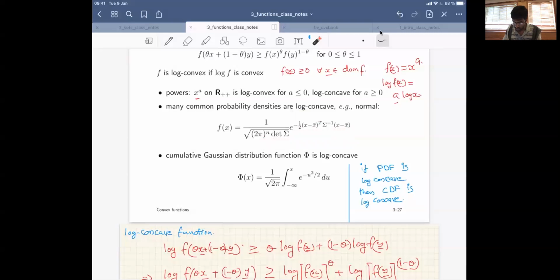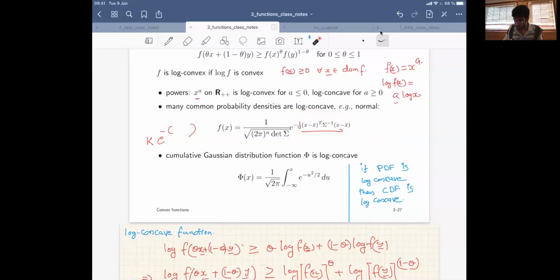So if you take the log of this, what will happen? This is a constant k into the exponential of this term over here, right? If you take log of this, it will be log k plus the log of the exponential of this term. So basically you will get this thing, right? If you take log of that.